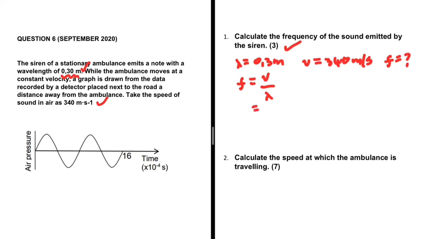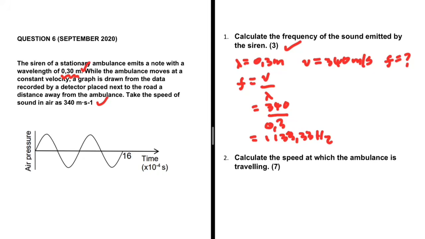So the velocity, 340 meters per second, and then the wavelength, it's said to be 0.3 meters. So 340 divided by 0.3, I am getting 1,133.33 hertz. This is the frequency of the sound emitted by the siren, our FS.